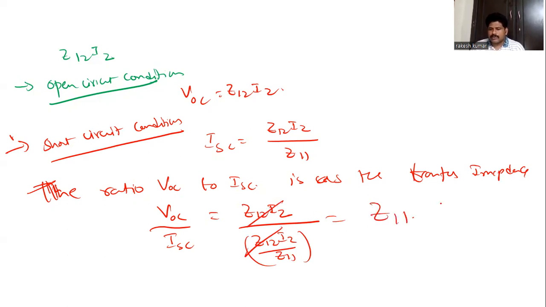Under all these three conditions, the generator of value Z12 I2 acts as a generator with internal impedance Z11.